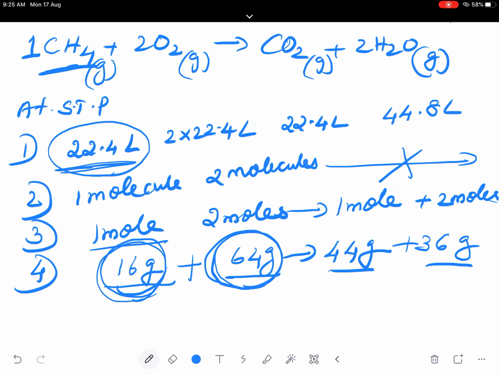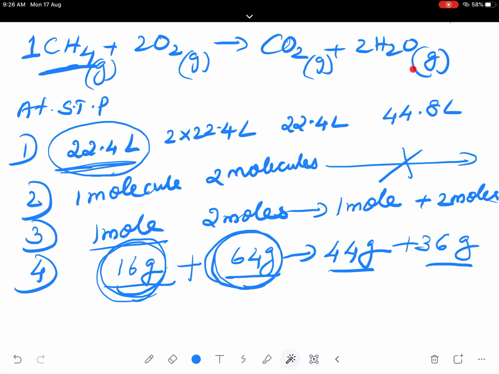Look at this equation. This is a combustion reaction. In class 10th you learned what a combustion reaction is. Any hydrocarbon burns in oxygen, that is what is called combustion, to produce carbon dioxide and water. So this is the reaction that is asked in the question.